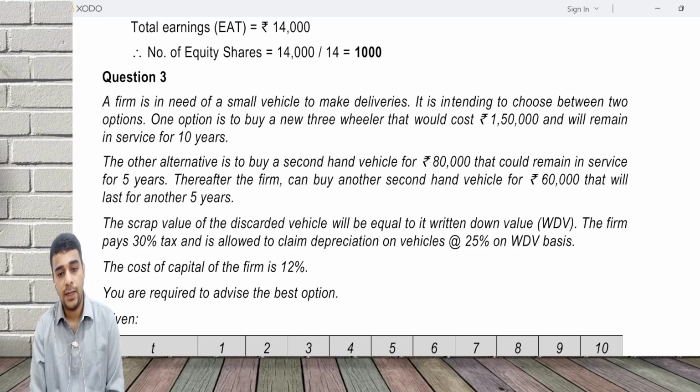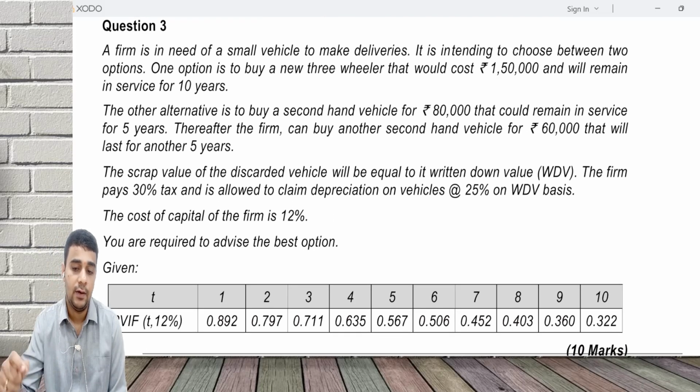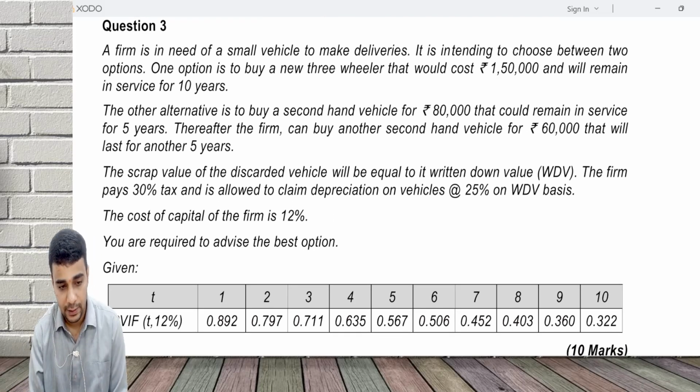One option is to buy a new three-wheeler that would cost 1,50,000 and remain in service for 10 years. The other alternative is to buy a second-hand vehicle for 80,000 that could remain in service for 5 years. Thereafter, the firm can buy another second-hand vehicle for 60,000 that will last for another 5 years. Scrap value of the discarded vehicle will be equal to its WDV.